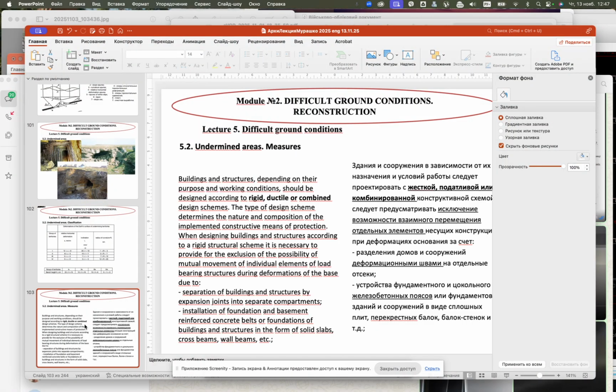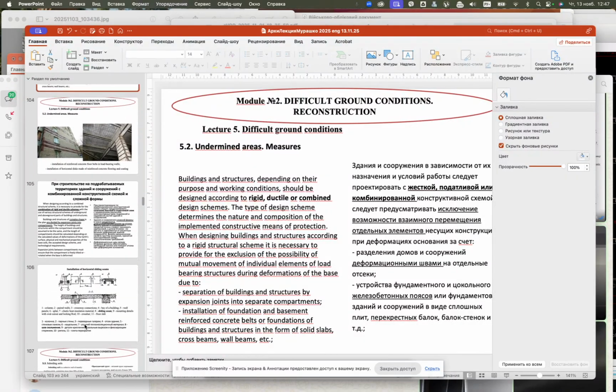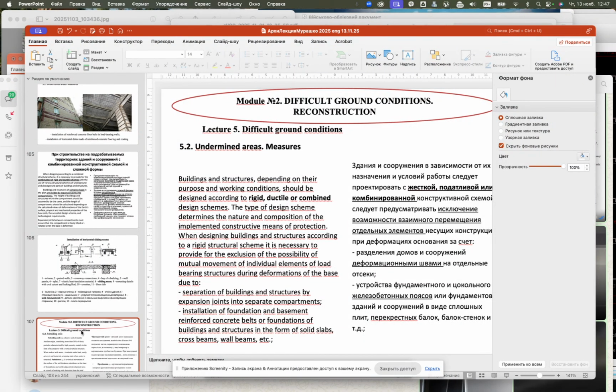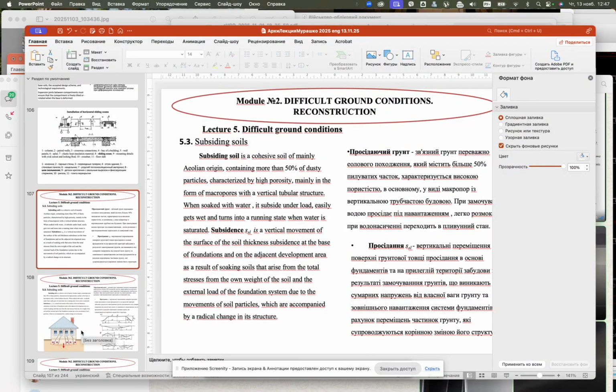We can use rigid, ductile, or combined solutions for the building which we are designing above undermined territories.